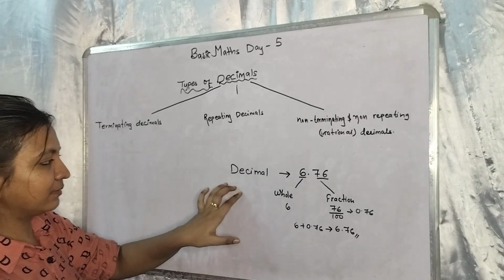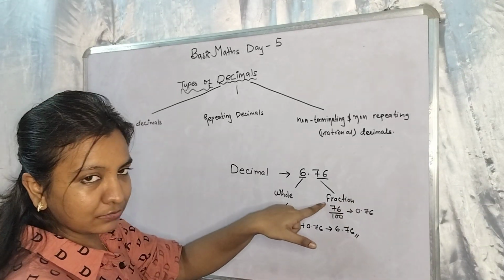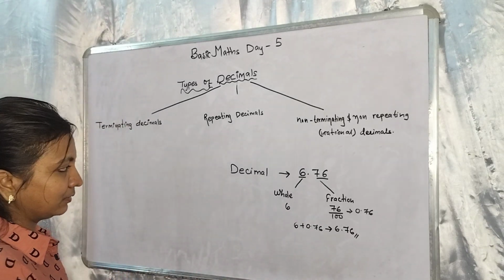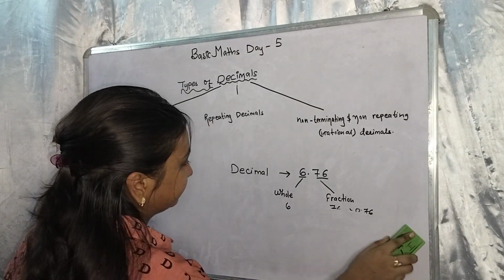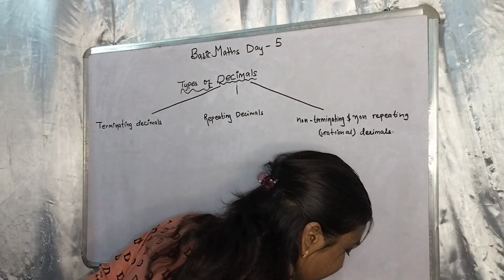So this is clear: a decimal consists of two parts, a whole number and a fraction. When you add those up, you get a decimal.